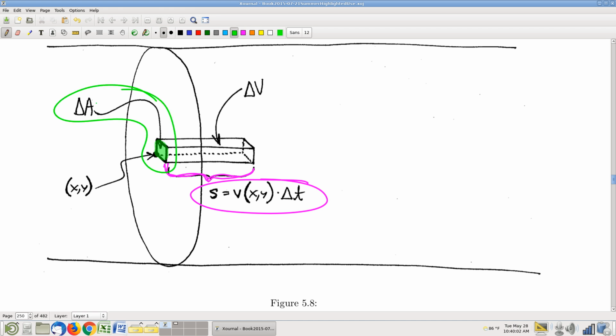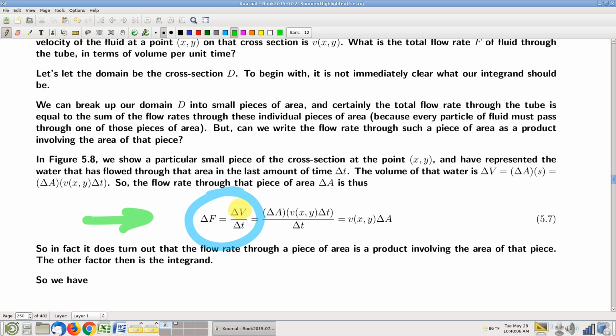The area is delta A. And so grand total, I have width, which is velocity times time, times area, delta A. That gives me the total volume that passes through that little area in a given amount of time, delta T. And then, again, flow rate is volume per unit time. So you notice that the delta T's cancel.